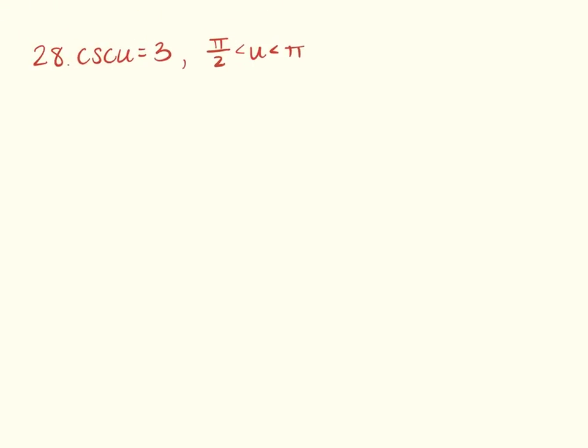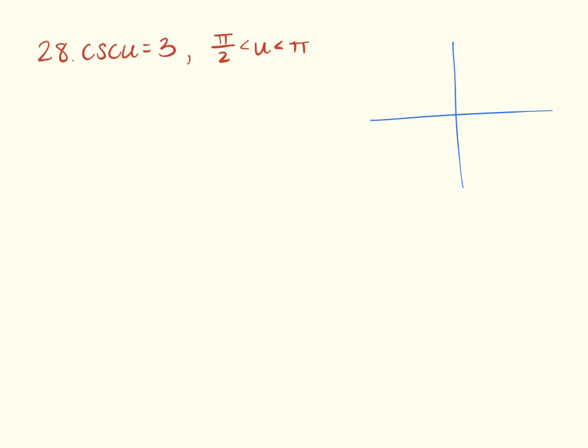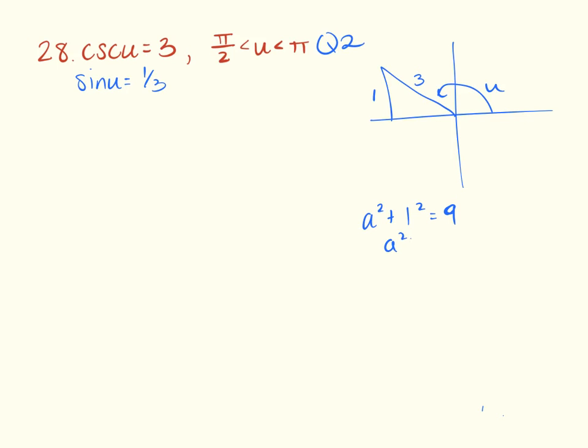Last one, we're going to look at 28. We are given cosecant of u is equal to 3, and u is again between pi over 2 and pi, so we're again in quadrant 2. Okay, so cosecant of u is 3, which tells me that sine of u is equal to 1/3 by the reciprocal identity. So that means that my opposite for my angle is 1, and my hypotenuse is 3. So then using Pythagorean theorem, I get that we have 2 root 2.